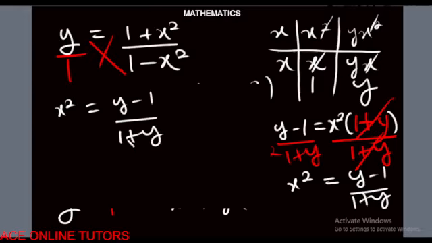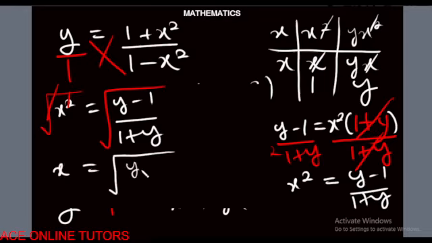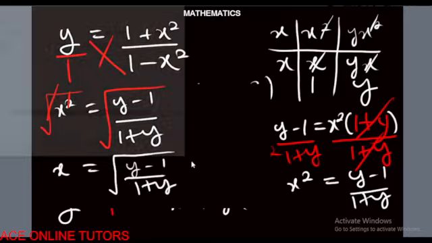Now you are looking for x, but this power is disturbing x. So what do you do? Take the square root of both sides. Take the square root of this side, take the square root of this side, so that these two can cancel. You'll be left with only x. You're going to have x equals the square root of y minus 1 over 1 plus y.